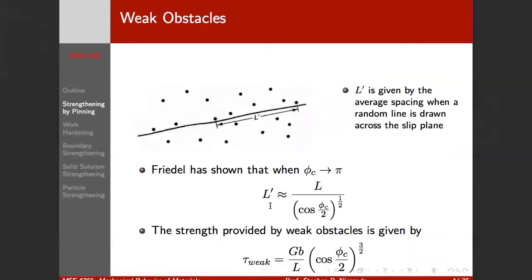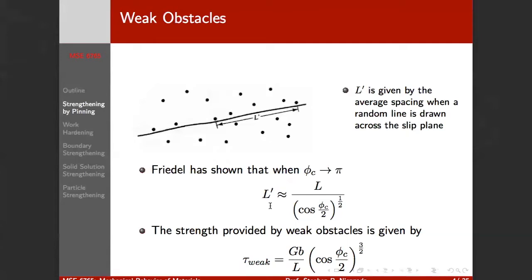So for weak obstacles, the dislocation doesn't get stuck at all the defects, at all our pinning points. It remains basically a straight line because it can cut through these particles fairly easily.